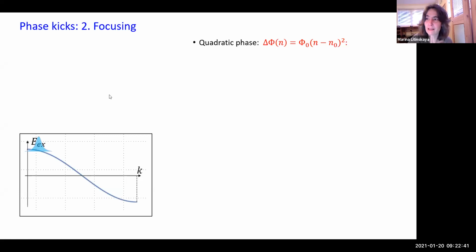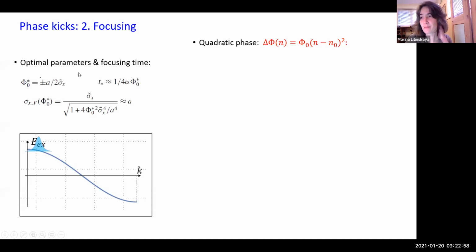And again, in our paper, we came up with the parameters of the, again, Gaussian laser beam that can impart such a phase onto all the monomers. So what will happen this time? Yeah, there is some peculiarity in this problem. The point is that we want to focus a broad wave packet, right?